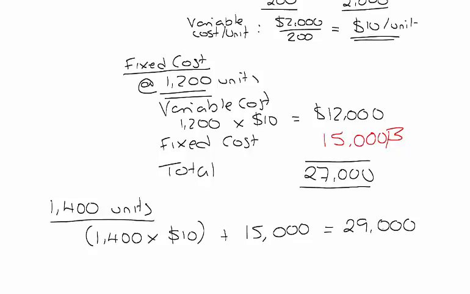But remember, that doesn't include the pay rise of 6%. So if you then add back in that 6%, you will get a total cost in month 3 of $30,740.